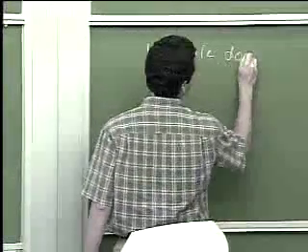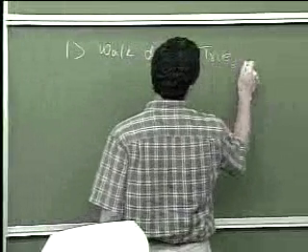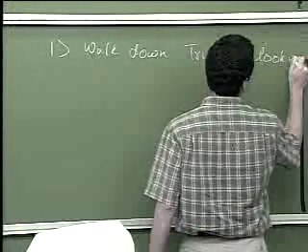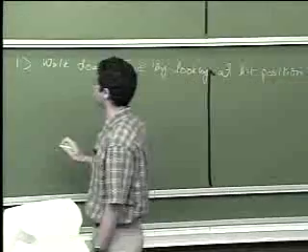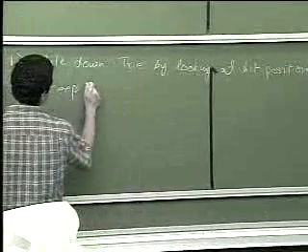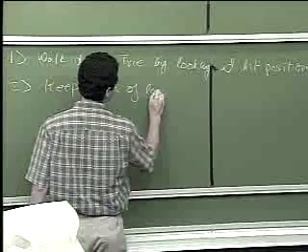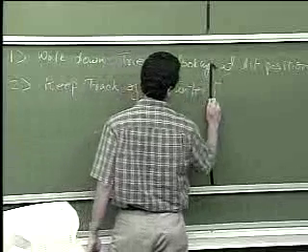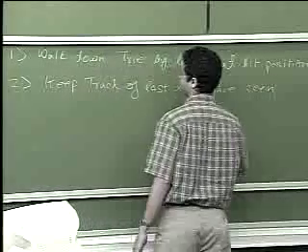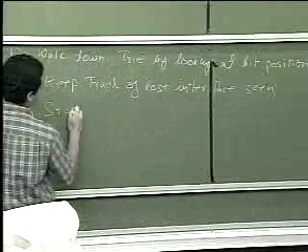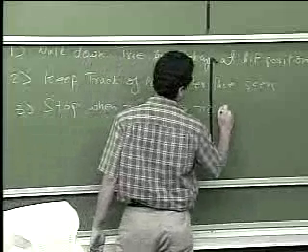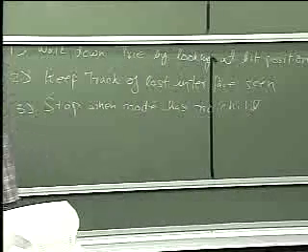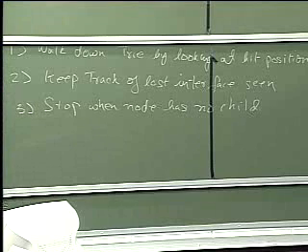Walk down, keep track of the last interface seen, and stop when there is no child.